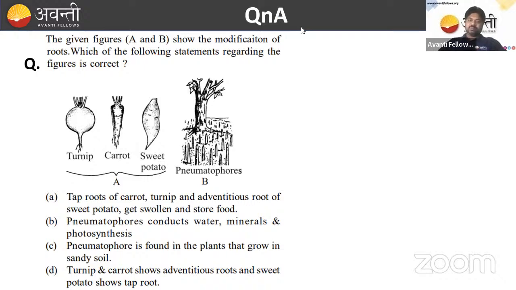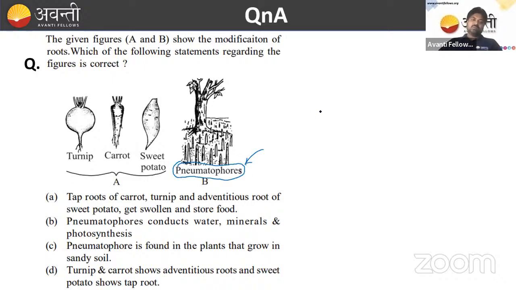Okay, so I'm ending this poll. Actually, no one answered this question. ठीक है, कोई issue नहीं. So, the given figures A and B show the modification of root. Which of the following statements regarding the figure is correct? Turnip, carrot, and sweet potato. We already discussed the pneumatophores. Then what is meant by pneumatophores?